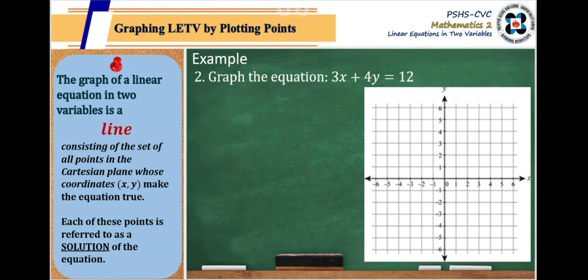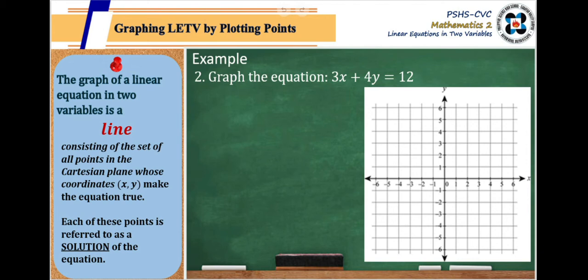Okay, so how about if we try to graph the equation 3x plus 4y is equal to 12? In the previous example, we found that 0, 3 is a solution of the equation. Thus, the graph of the equation contains this point. We need to find two more solutions of the equation to graph the line.